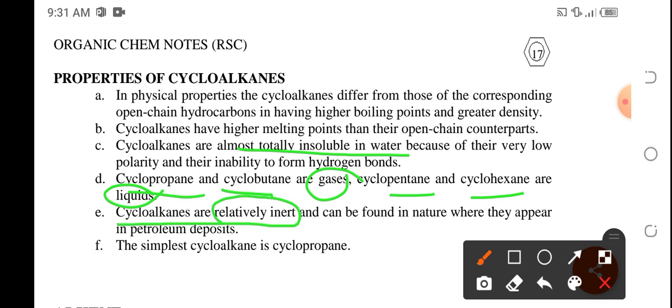Pag sinabi nating inert, they are not reactive. They don't have any reactions with any other substances. And just like alkanes, cycloalkanes could be found in petroleum deposits. And as I made mention a while ago, simplest cycloalkane is cyclopropane.